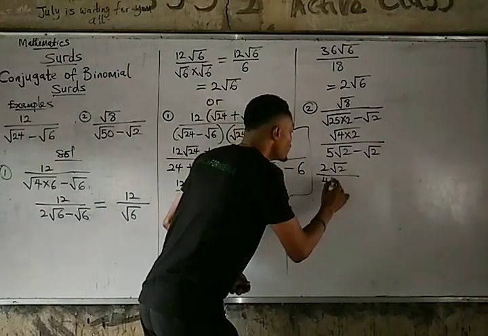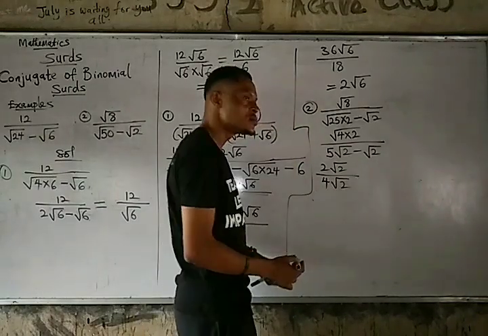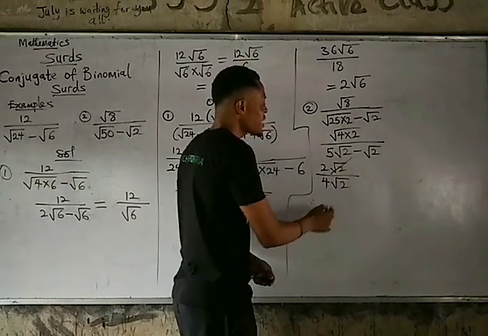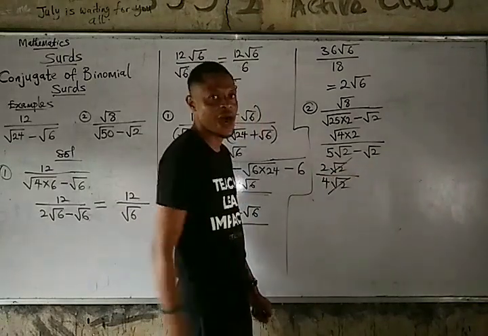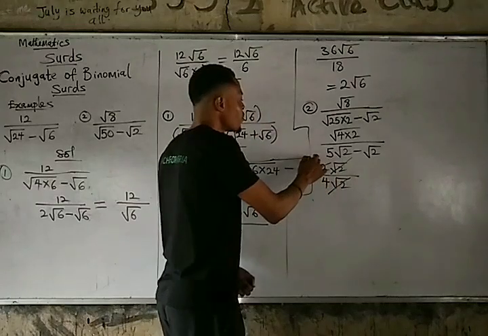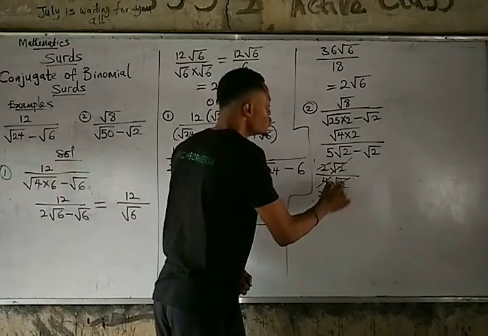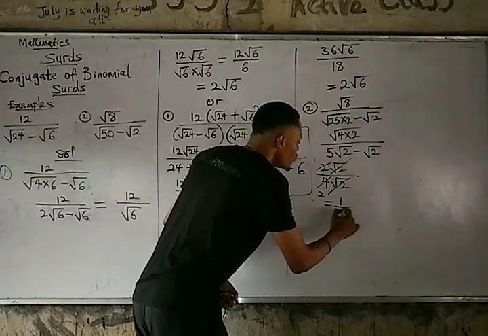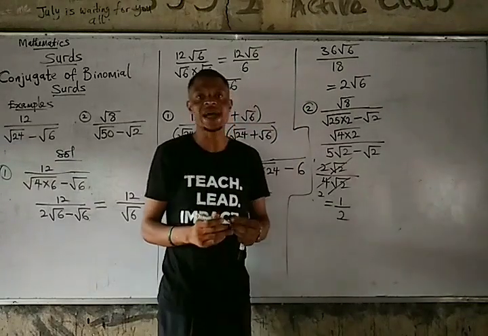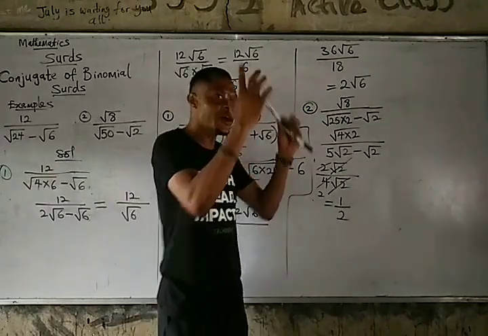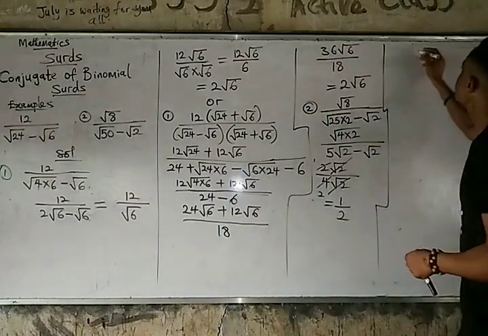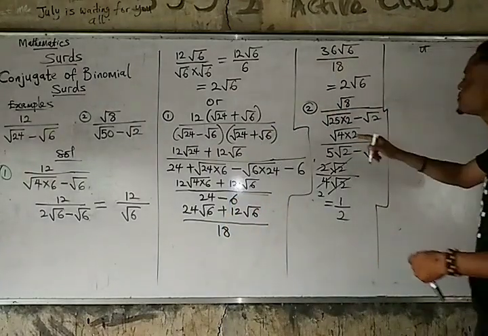So I have 4 root 2. So I can cut root 2 here, root 2 here. 2 here 1, 2 here 2. I'm beautifully left with 1 all over 2. That's my answer. Easy.